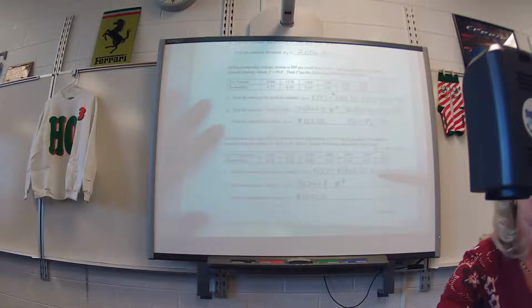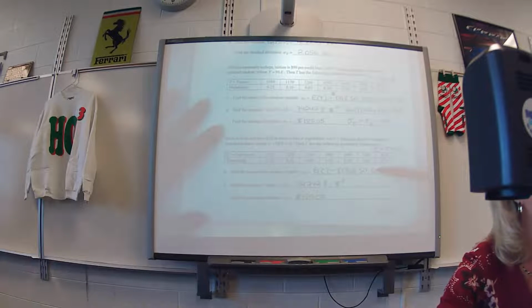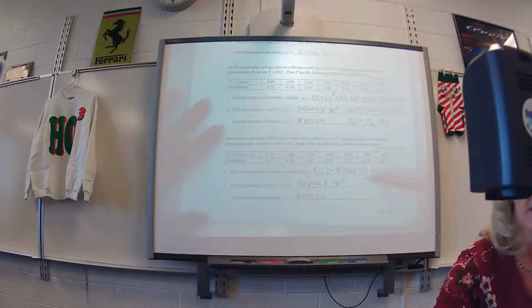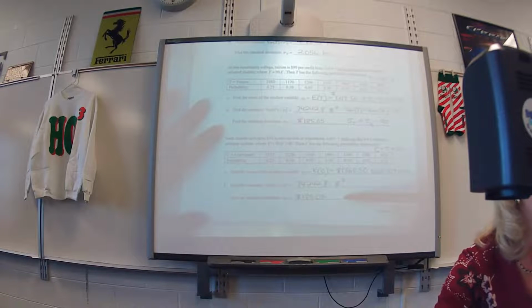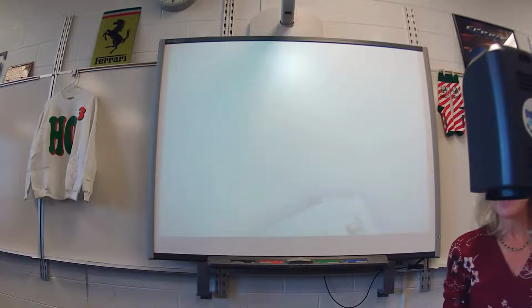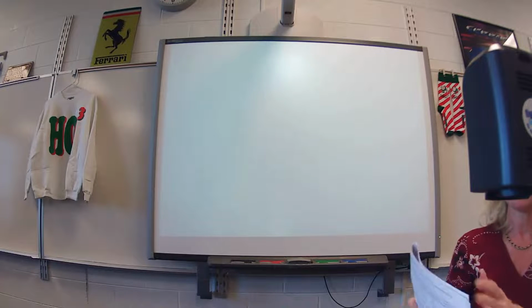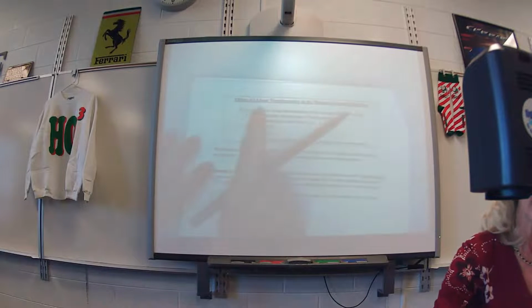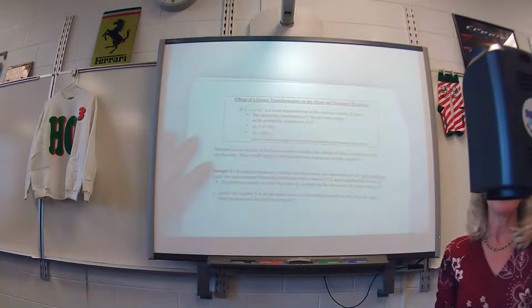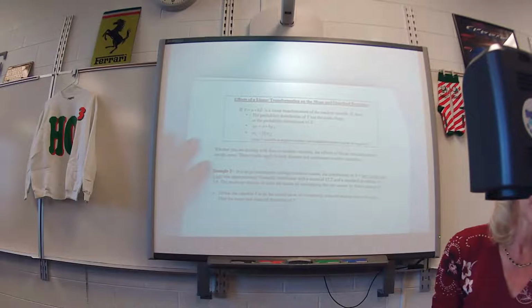Addition will impact only the mean. It will not impact your variance or your standard deviation. And that's actually what's on the next page here. Effects of transformations on the mean and standard deviation.